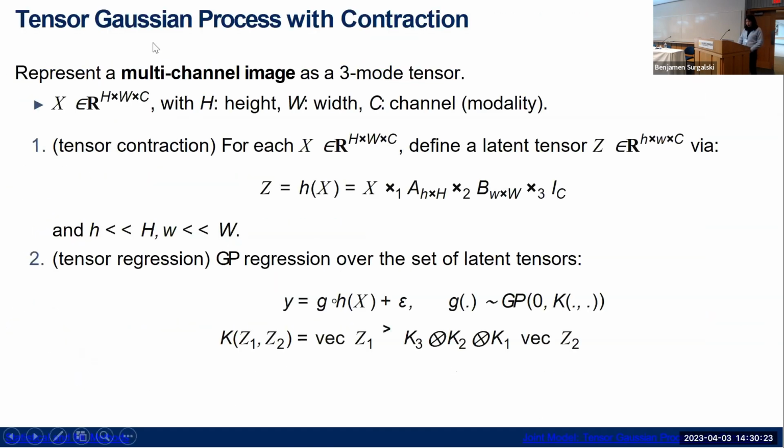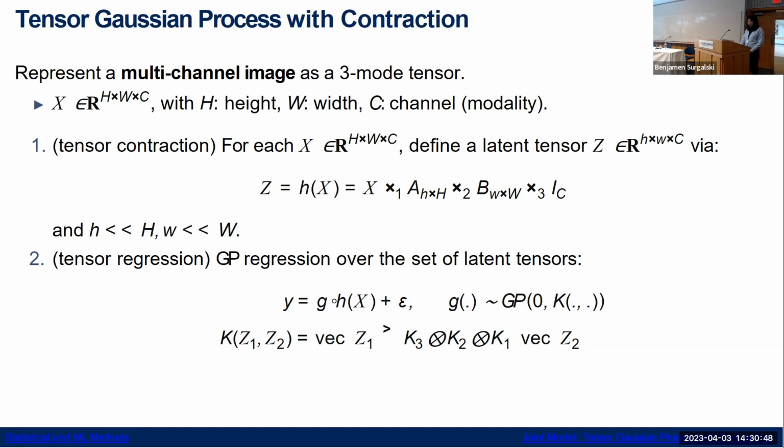It's a very high dimensional thing that we currently have. In the current work, H is equal to 200, W is equal to 200, and C is equal to 12. So it's a very high dimensional tensor that we're looking at. And then we're combining two different kinds of models from statistics in order to handle this high dimensional data in an efficient fashion.